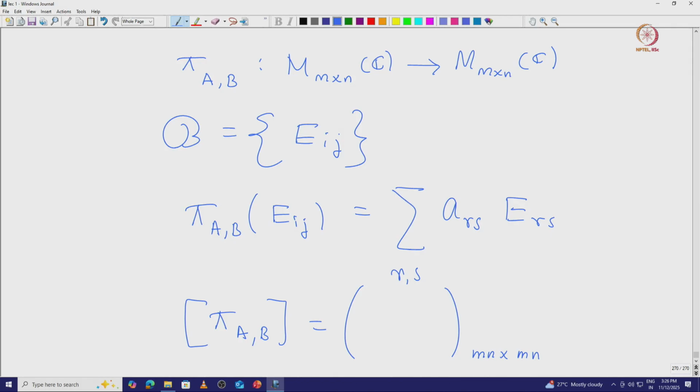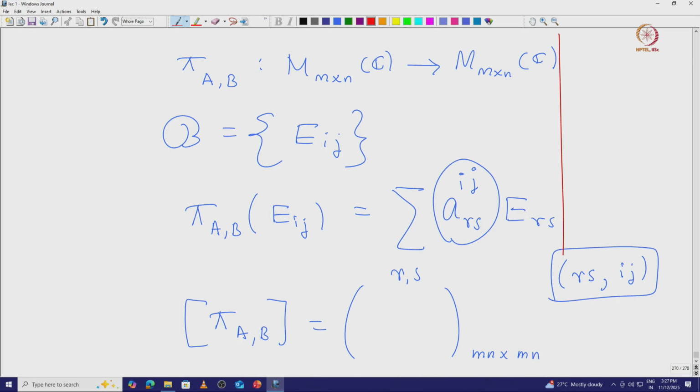The positions in this matrix will be indexed by (rs, ij). So, let me use this notation that the entry corresponding to the position (rs, ij) is going to be exactly this entry.